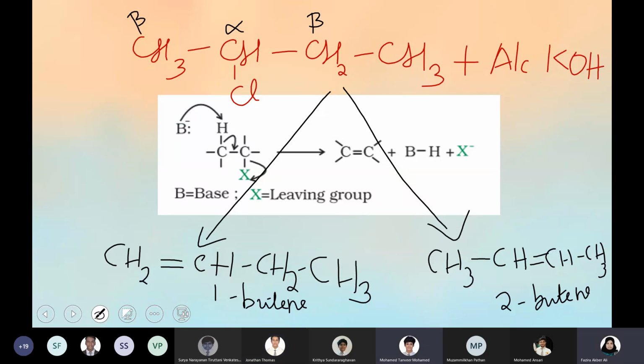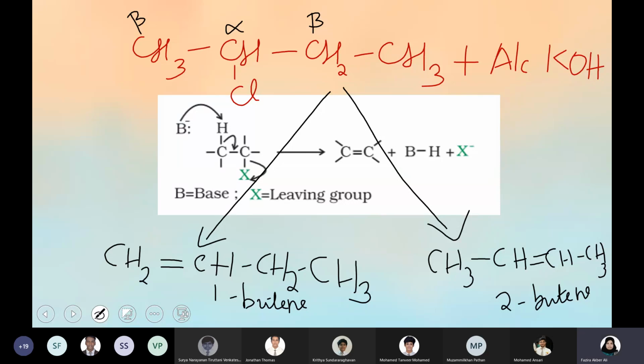There are two products in this reaction, right? 1-butene and 2-butene. Which will be the major product? Because in an organic reaction, one of the products will always dominate over the other. We call that the major product and the other the minor product.